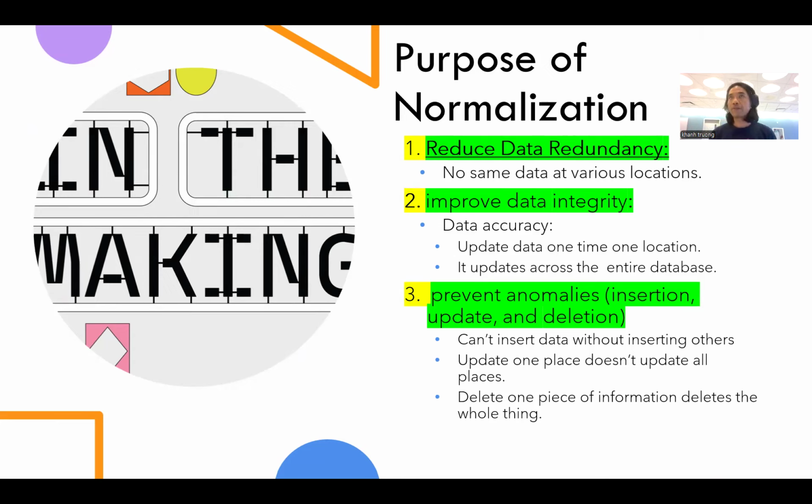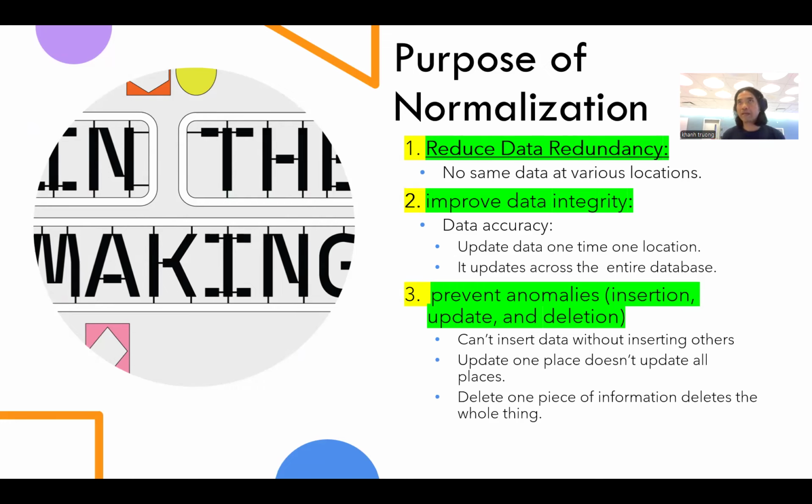The third goal of normalizing your database design is to prevent anomalies. An anomaly is sort of like a side effect when it comes to insertion, updating, or deletion. It means you cannot insert data without inserting other data.